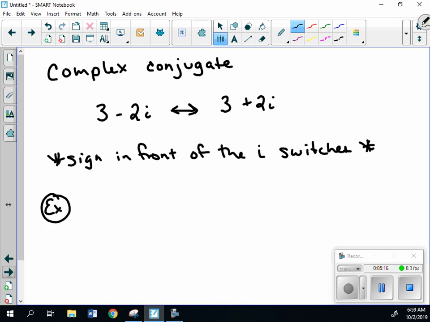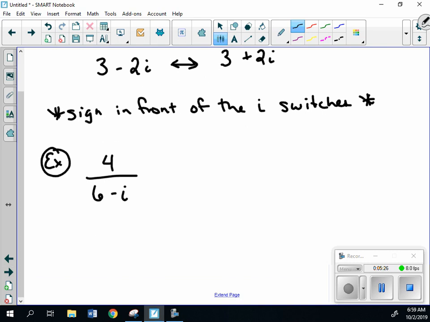So when we have division, let's say that I have 4 over 6 minus i. When you have division, you are going to multiply the numerator and the denominator by the complex conjugate. So I'm really going to multiply the top and the bottom by that 6 plus i.